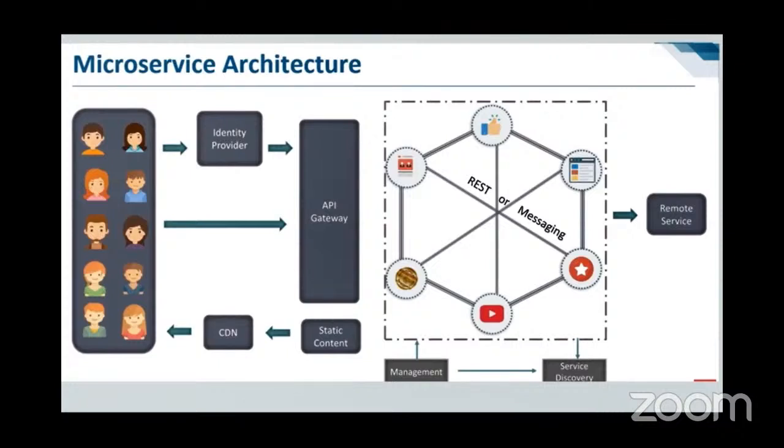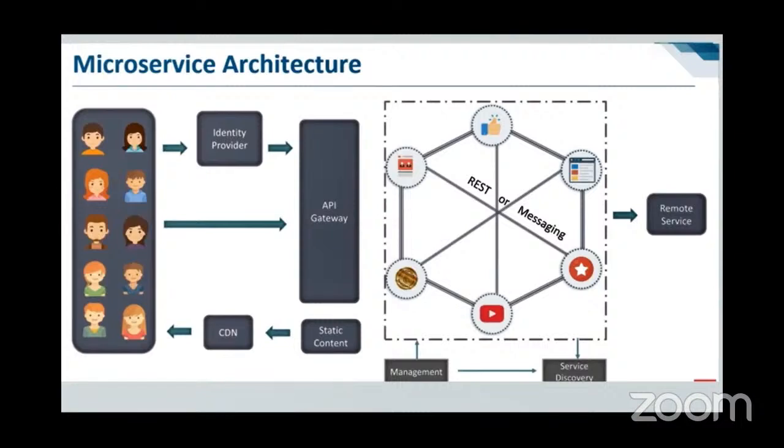Now, what is the use of such an architecture? For example, if I take Amazon, there are people looking at the products. At the same time, there are people checking out the products in the cart. If the cart component and the product catalog and all of the components were a single monolithic application, then if the cart component goes down, the entire Amazon app goes down.